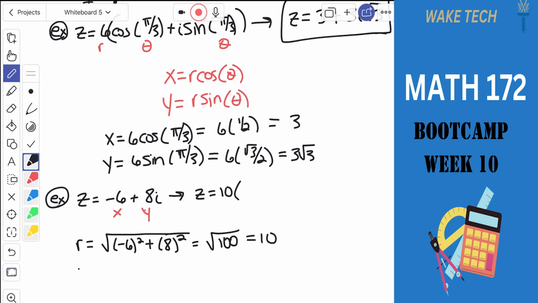To get theta, we'll use inverse tangent of y over x. That's approximately negative 53.13 degrees.